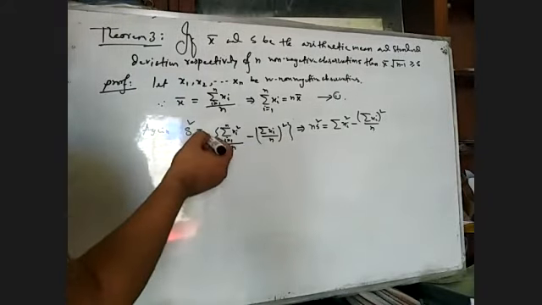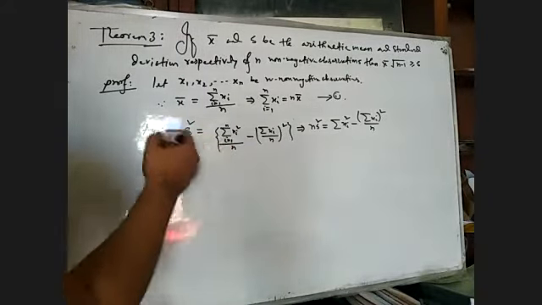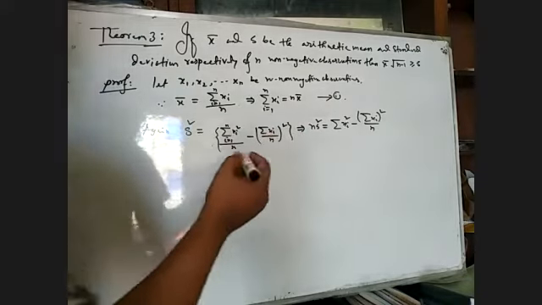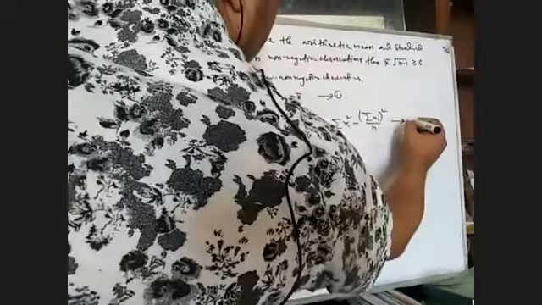Just taking n common, or multiplying by n on both sides, we get this one. This is another equation, equation number 2.